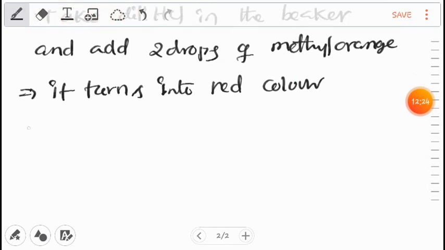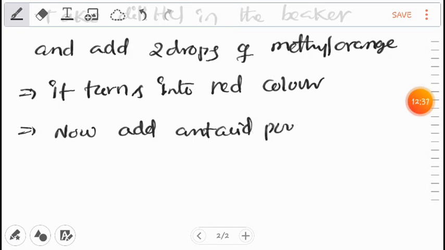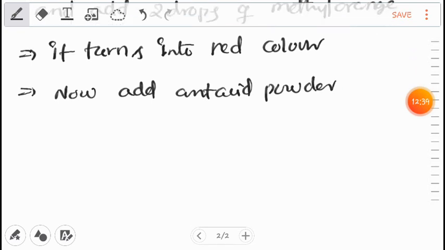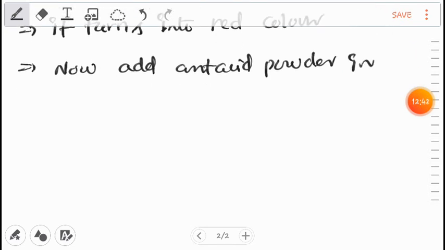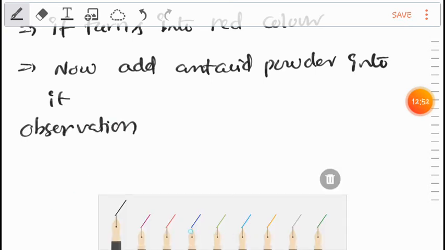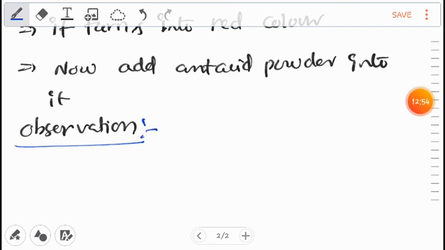Now add antacid tablet powder or Eno powder into it. Record your observation. What observation can we see? The whole solution is colorless and we get foam.